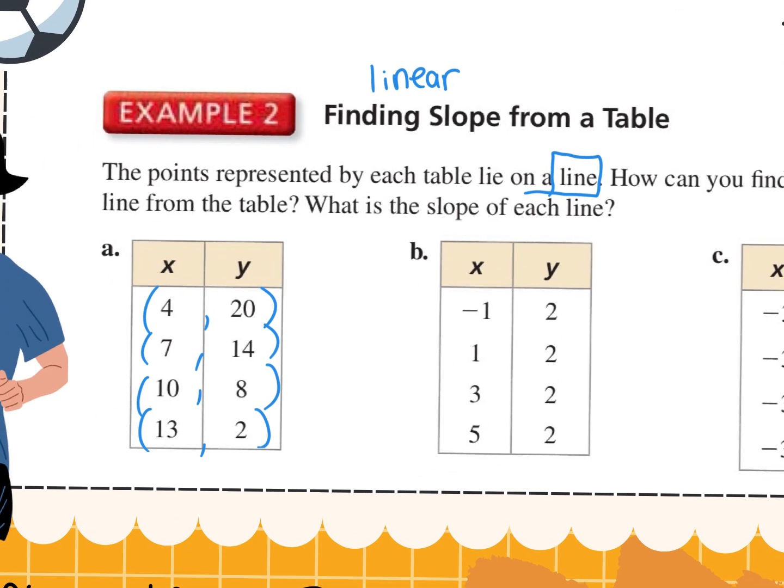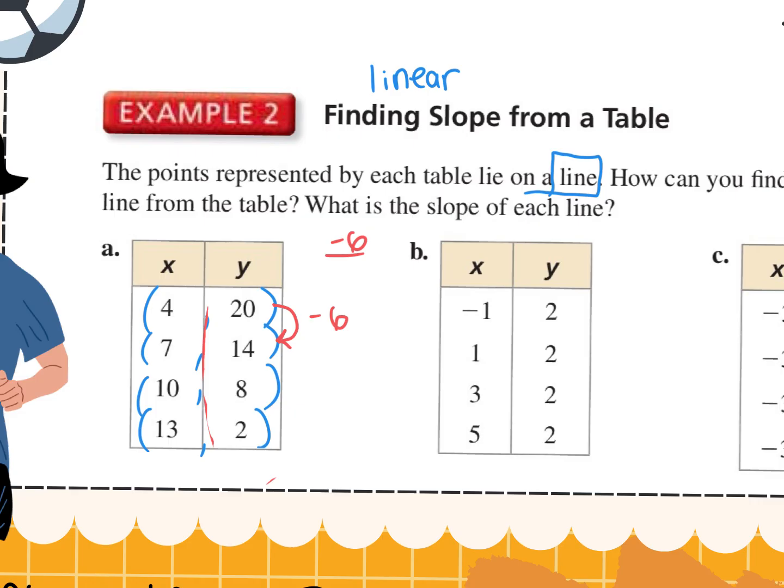So if we look at this first table, when I say the change in y, I'm going to look at the y column. The first y value is 20. The second y value is 14. From 20 to 14, what happened? We subtracted 6, so it's -6. So the numerator would be -6.